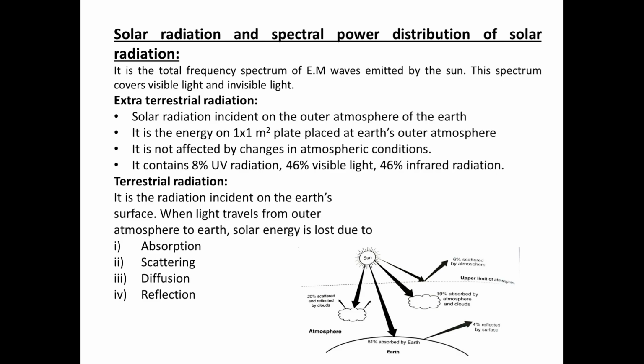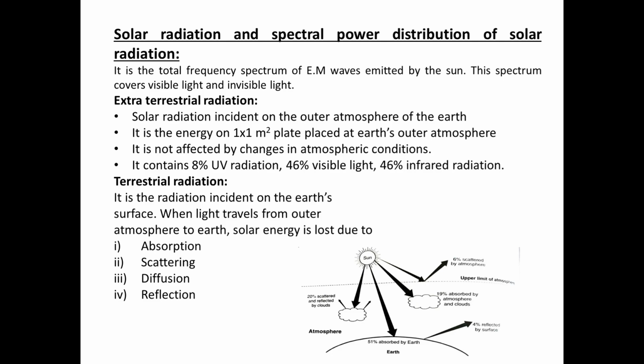We see absorption. Generally, this absorption occurs due to the presence of water vapors and ozone in the atmosphere. In the atmosphere, some water vapors are present. So these water vapors absorb some radiation. So due to this absorption, some solar energy is lost.